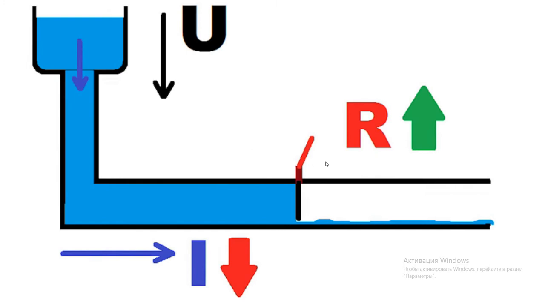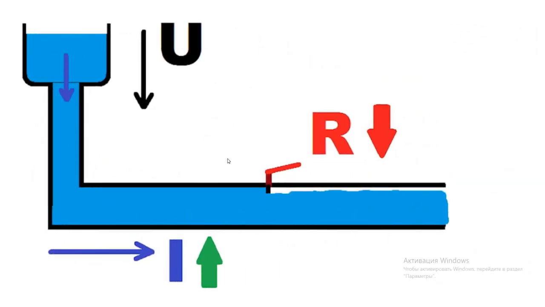In this circuit, there will be resistance, that is a tap. It will interfere with the water, that is the current strength. So now we are closing a tap, we increase our resistance, and we interfere with the water, and the current decreases.